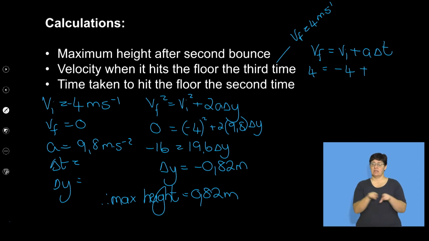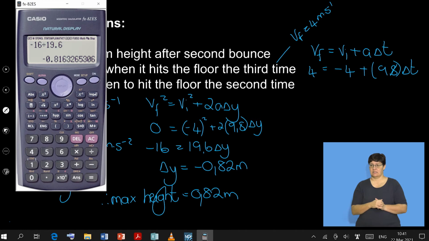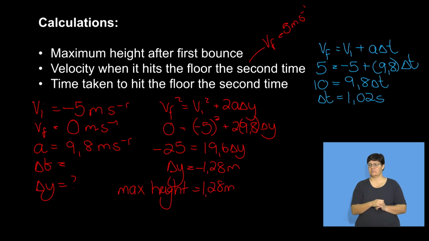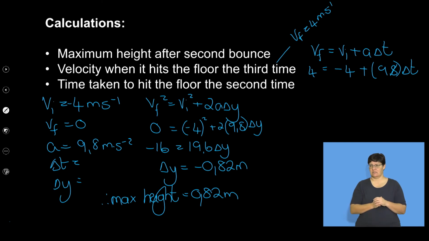That's minus 4. 9.8. Delta t, calculator, okay, that's going to be 8 divided by 9.8, delta t, 0.81 seconds.